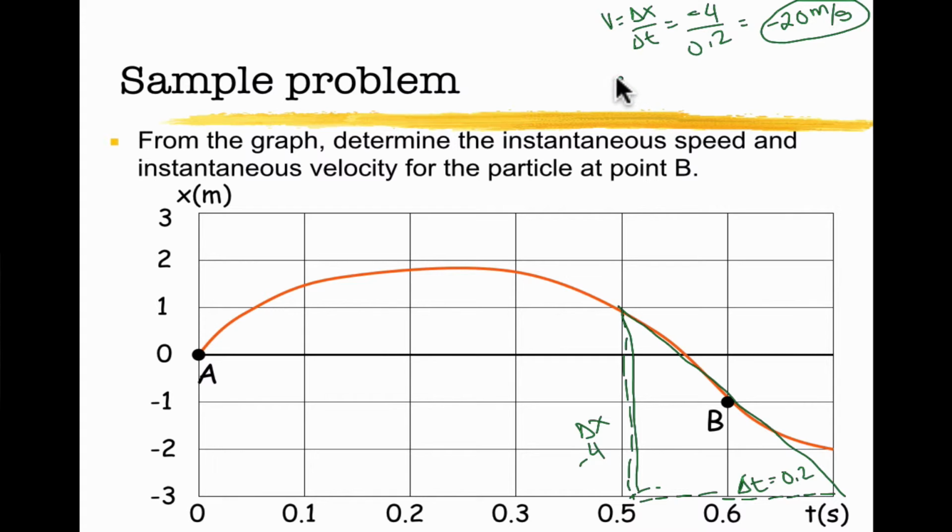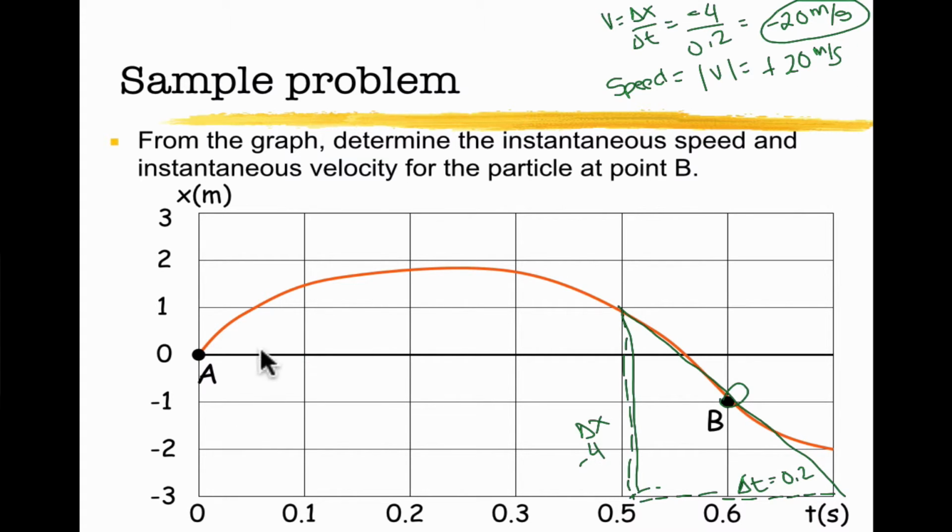Now speed, when you're talking instantaneous, speed can't be negative. So speed is just the absolute value of the velocity for instantaneous. So that'd just be positive 20 meters per second.